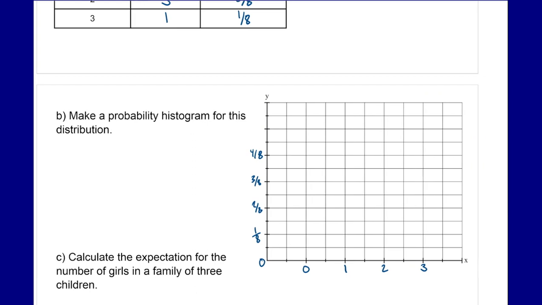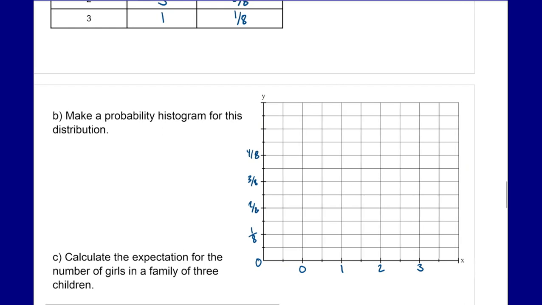Again, how you do the bars is up to you, but the main thing is that they need to be together. They need to be touching. There's no gap. We'll talk a bit more about that later in a further unit. But for right now, remember a histogram shows that there's no gaps between. So for 0, we have a 1/8 probability that we're having 0.